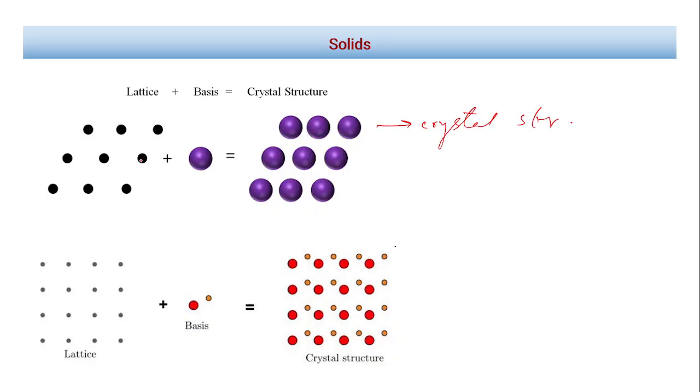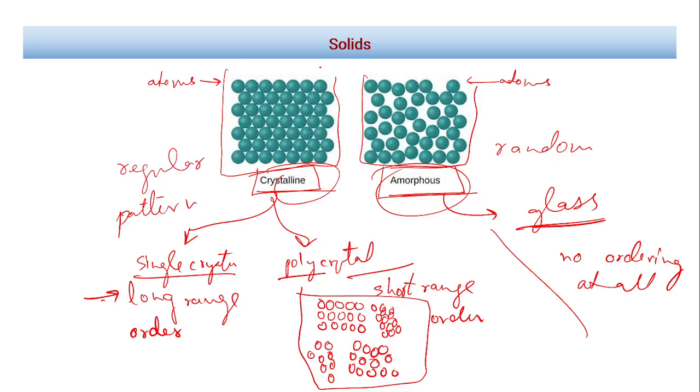So lattice is a mathematical concept. It's an arrangement of abstract points. Basis is what is real, and when we arrange this basis or atoms at these positions, then we get our crystal structure, which we were talking about, whether it's arranged for long distance, long range, or short range, that we just saw here, right?